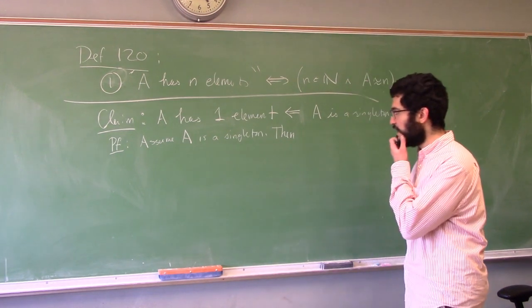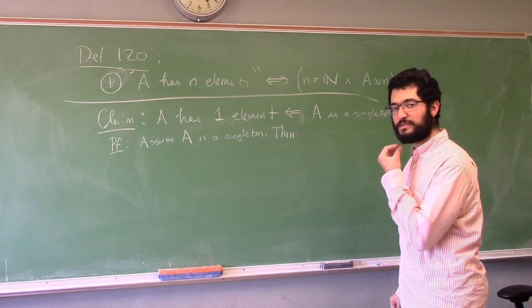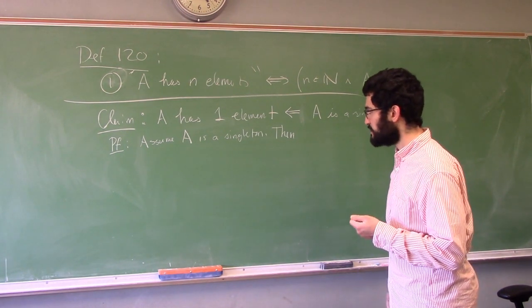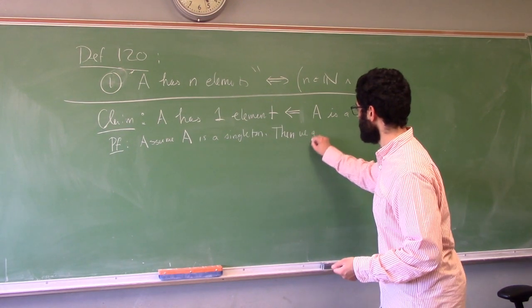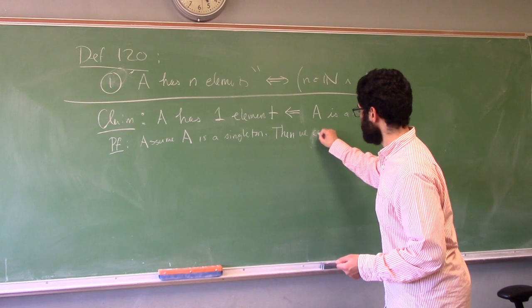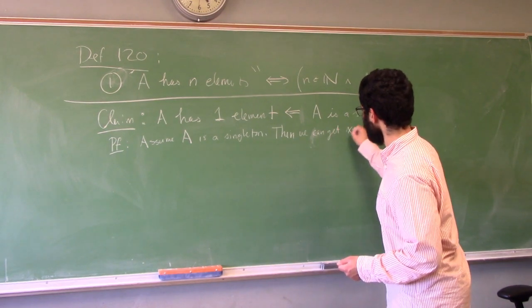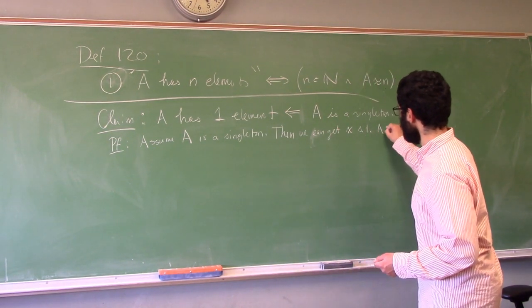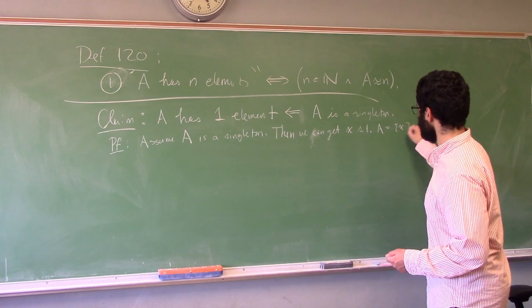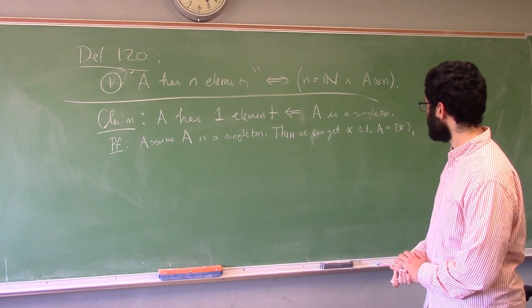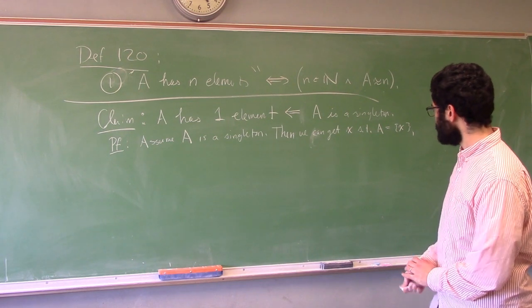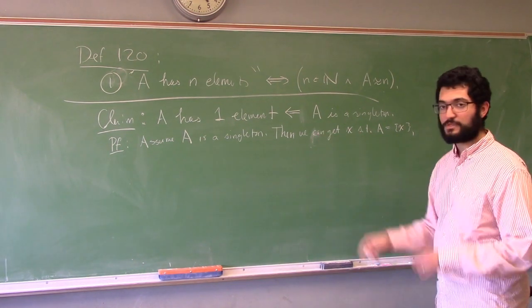Then, what can I get out of that? Is a singleton. That's something we've defined before. It means there exists some x such that A is singleton x. So then we can get x such that A is the singleton of x.